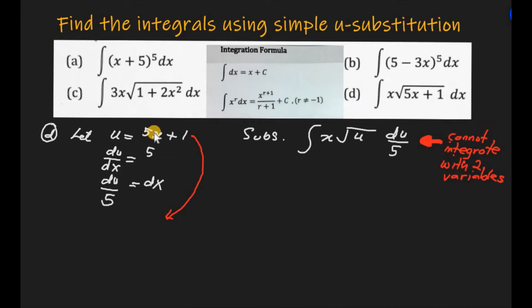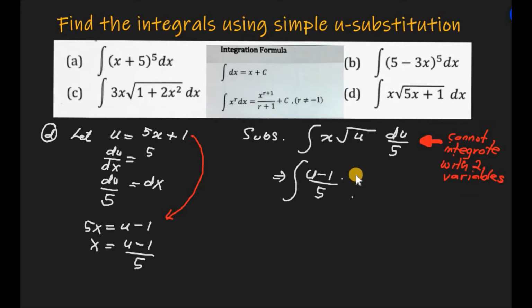As we rearrange it, 5x is u minus 1. Okay, so let me rearrange it. 5x is u minus 1, so x is u minus 1 over 5. And as we replace everything in terms of u, we have u minus 1 over 5. Here we have a radical u. Okay, not so bad. Yes, you can actually integrate.